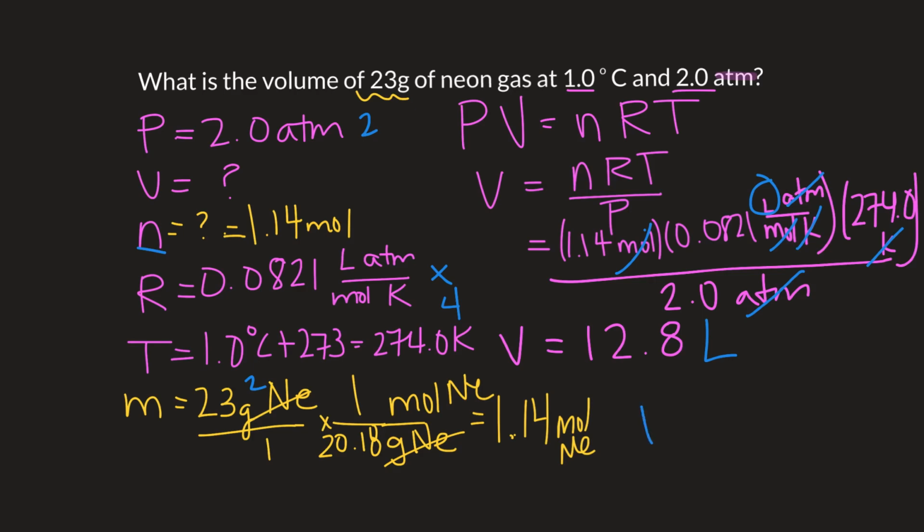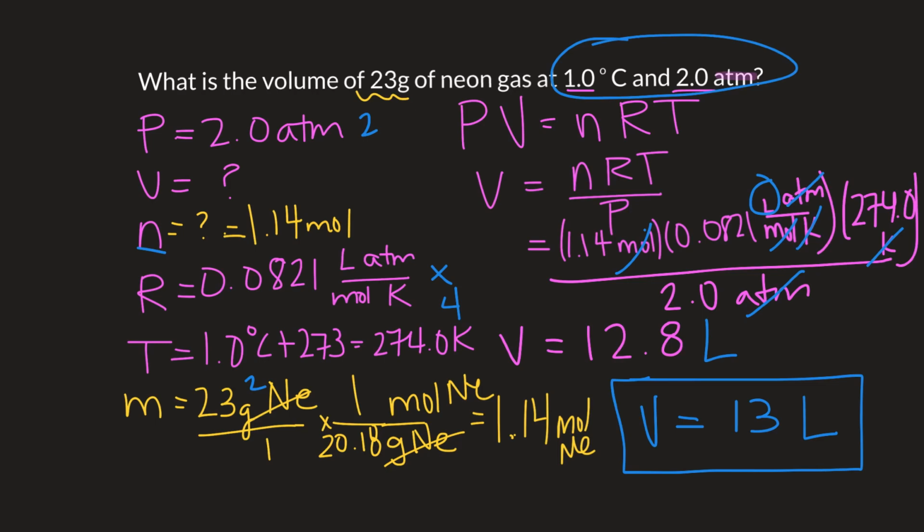When we round that and get our final answer, the volume is equal to 13 liters. So if you have 23 grams of neon gas at these conditions, it's going to take up 13 liters of space. If you had a different gas, you'd have a different number for your moles here based on the molar mass. So your volume would change even if you still had it at 1 degree Celsius and 2.0 atmospheres.